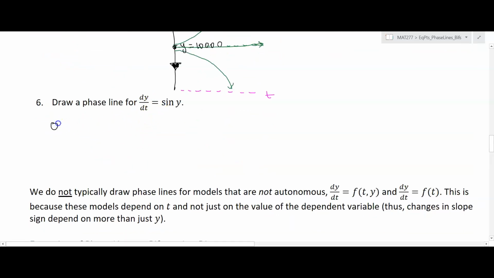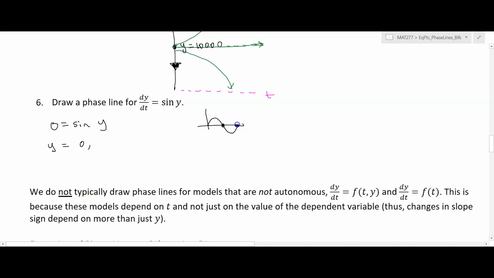So if we set that equal to 0 to find equilibrium points, well, wait a minute, sine of y we know oscillates. Sine of y is 0 for y equals 0. If I look at the sine function, sine of t starts off at 0, comes to 1, back down to 0, down to -1, back up to 0.